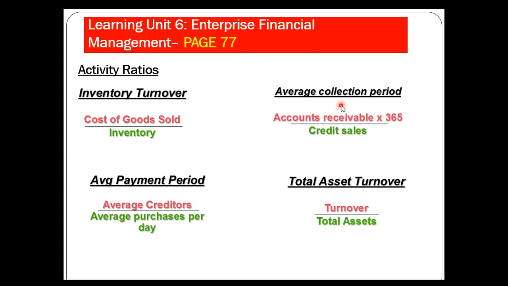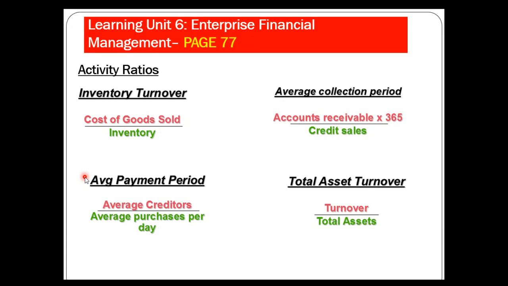As you can see, you need to multiply by 365 so that your answer is in the form of days. The other one, which is the opposite of the one I just talked about, is the average payment period. The average payment period is how long it takes us to pay back our creditors. Remember, our creditors are the same as accounts payable. When you buy goods on credit, you end up having creditors.